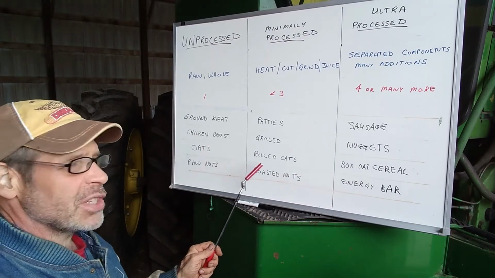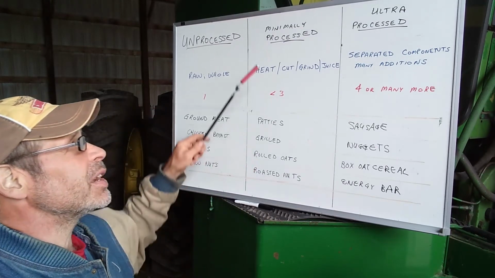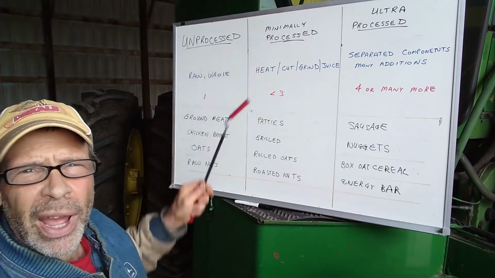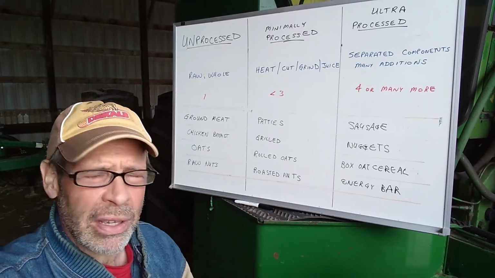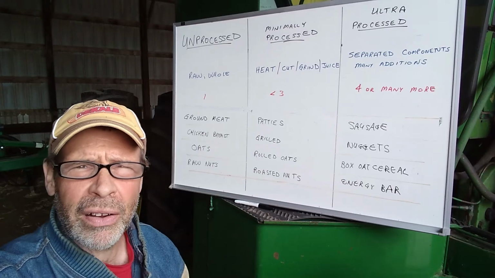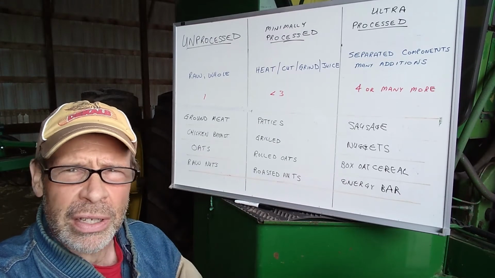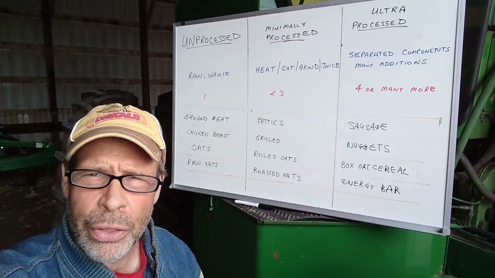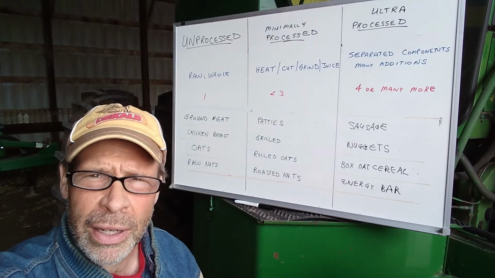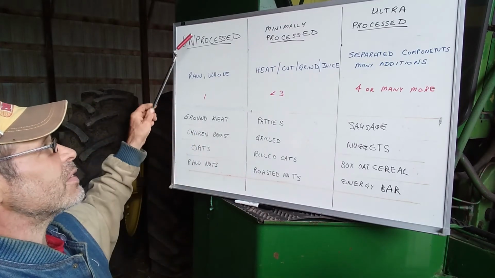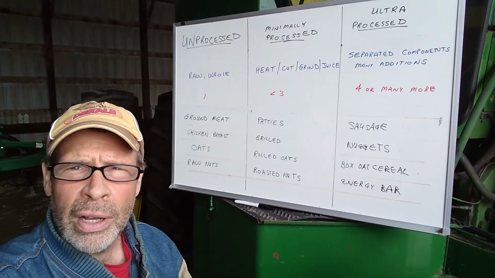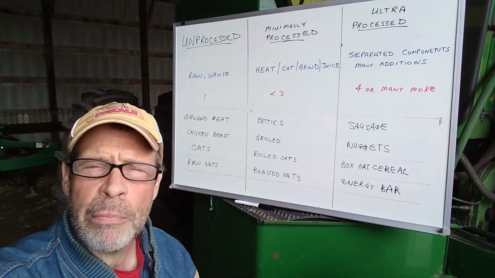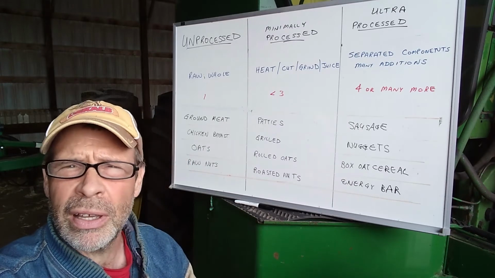And for some of these, like for example the rolled oats, I think it's perfectly fine to have minimally processed foods. That means you look at the ingredient list on the package, and you should typically see less than 3 ingredients. And then if you have a chance, you try to have more of the raw or whole foods. For example, you have a piece of fruit. You wash it and eat it.